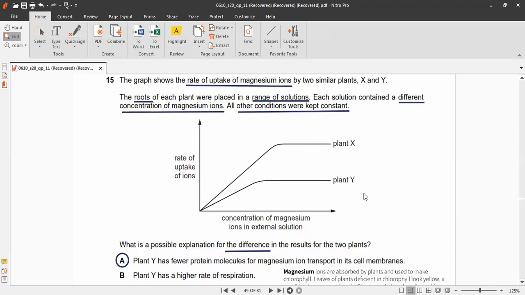needs magnesium like X. So plant Y has fewer protein molecules for magnesium ion transport in its cell membrane.